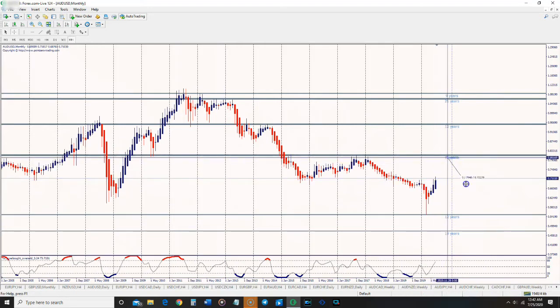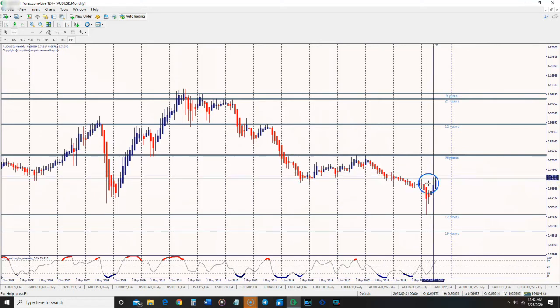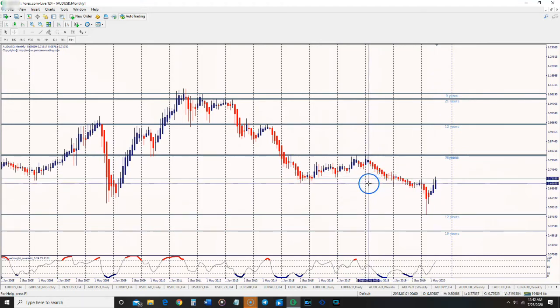There could be a level right here. As a matter of fact, this should be a level of resistance, right? But price may go through this level. Just because it's a level of resistance doesn't mean price is simply going to reverse at the level. It could reverse at the level, or it could go straight through the level.